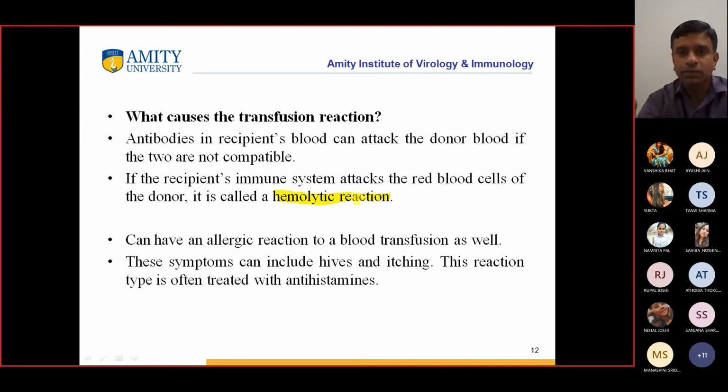Okay, hemolytic means hemo, right? Lysis. So lysis of RBC. So hemolytic reaction. So basically, the wrong RBCs that have come into the body will get lysed.